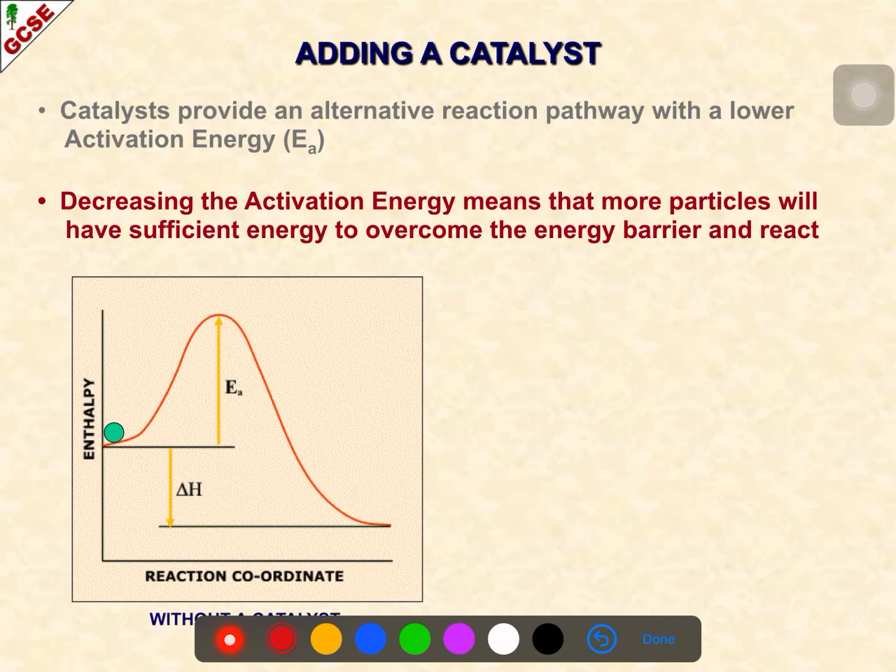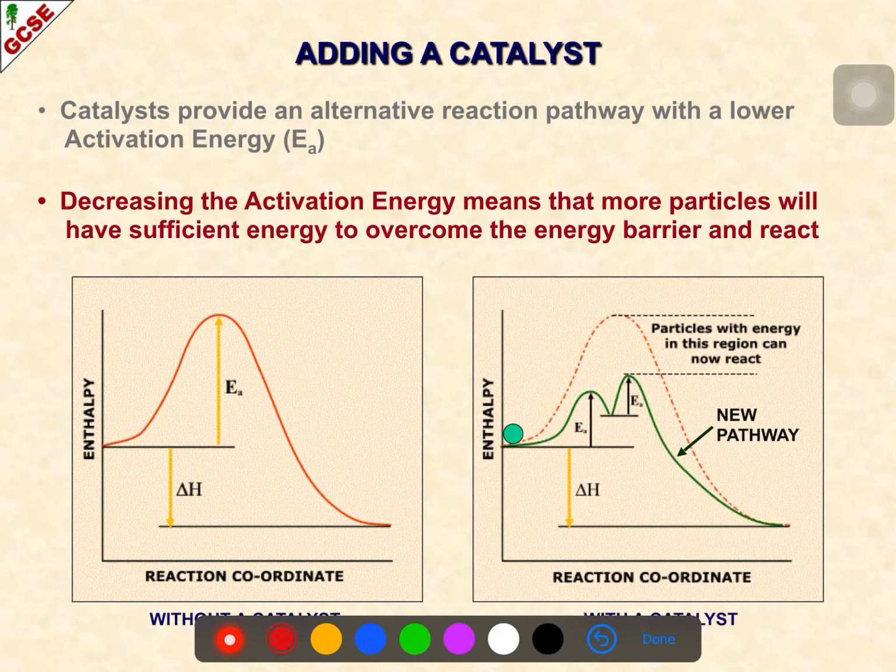For this reactant to become a product, they need to go across this wall, all right? But if they don't have enough energy, it can never go across, okay?